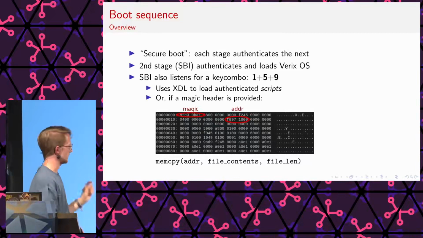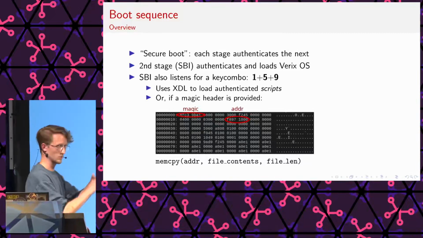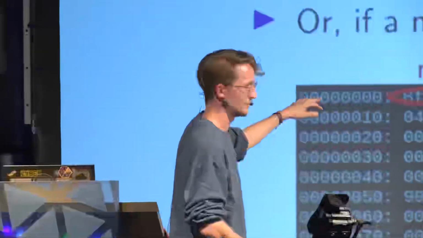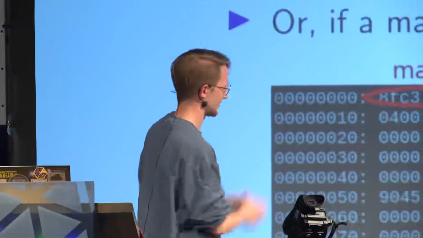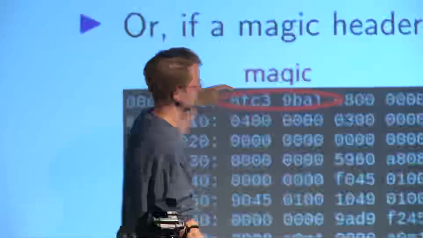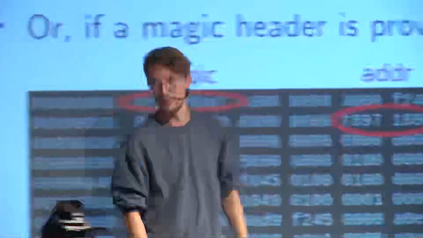But if you don't give it an actual ASCII script, but some magic value in the beginning, and then just an arbitrarily long file with an address at a certain offset, then it'll load your file at this address. Okay, cool. So obviously this breaks secure boot.